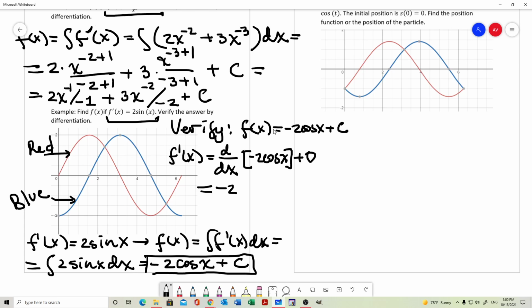The derivative of cosine is minus sine x, which will give us 2 sine x, check mark. We're back to the original function.